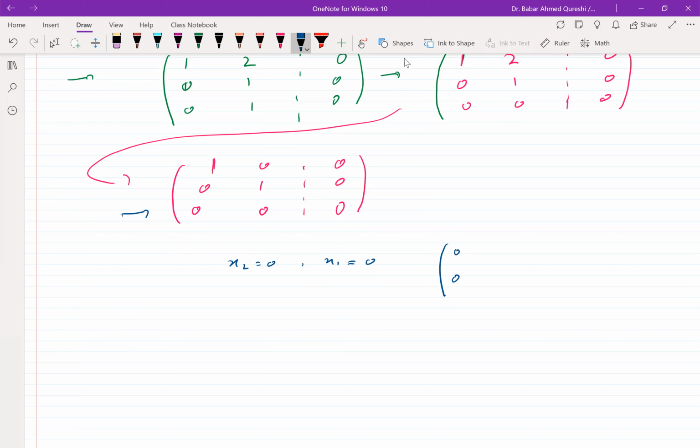So I can write everything in terms of y. That means vectors in the orthogonal complement are of this form: you have y, x is equal to minus 2y, and z is equal to minus y, and y is some arbitrary number.